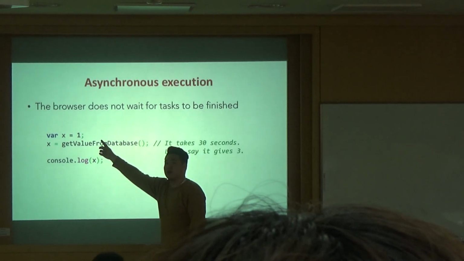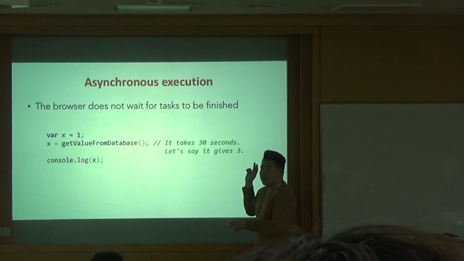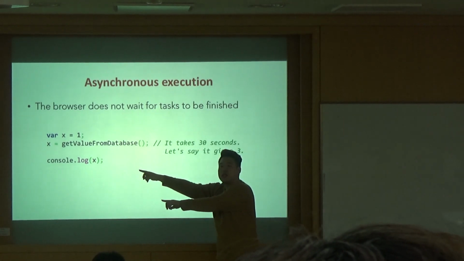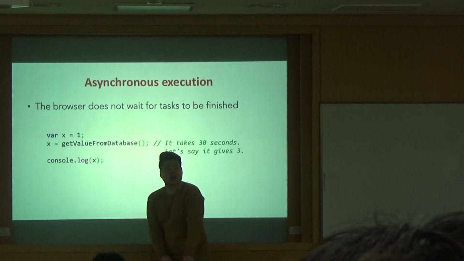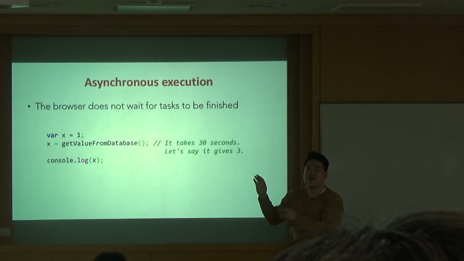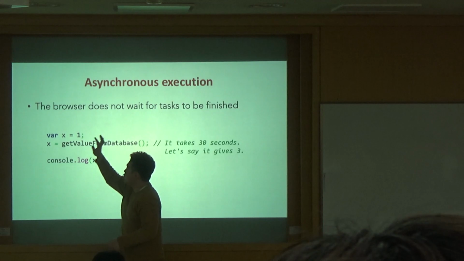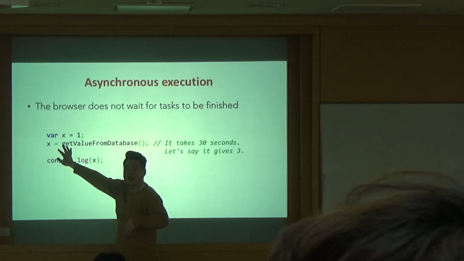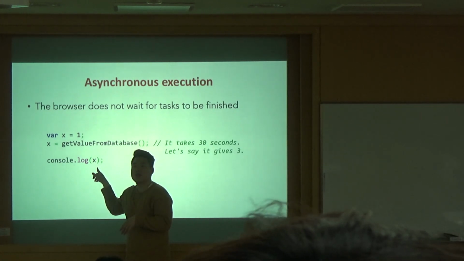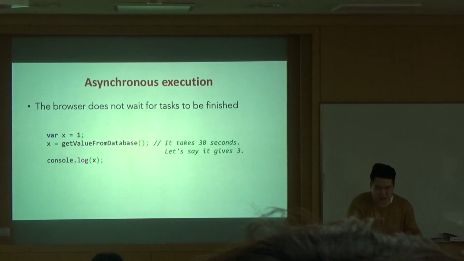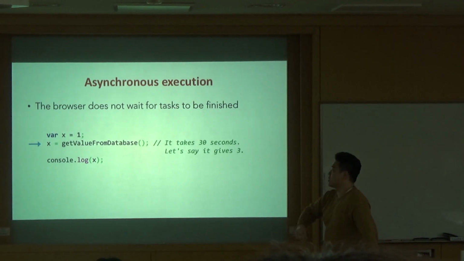So x is initially 1, and let's say this get value from database takes 30 seconds, and it gives 3 to x. And we print the value of x. Then if it was synchronous, what happens is that first x is there, and we will wait for 30 seconds, right? And after that, it will get 3, and 3 is going to be printed, right? But with asynchronous execution, no. We don't wait for 30 seconds. We just move on.